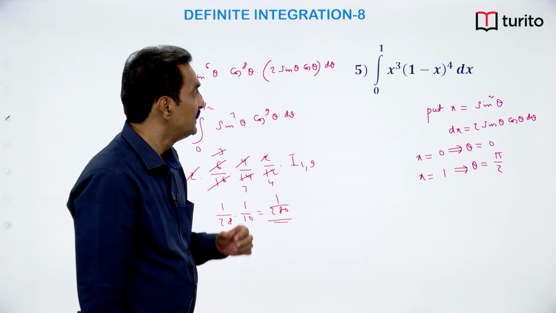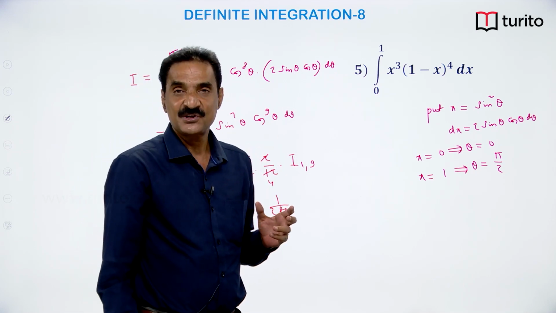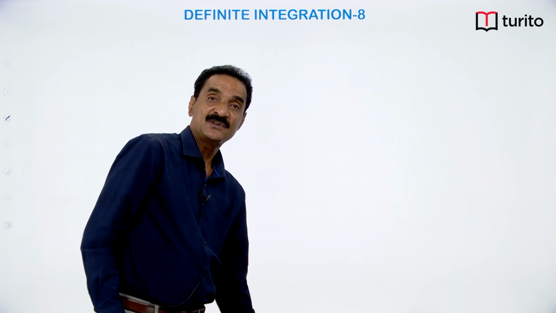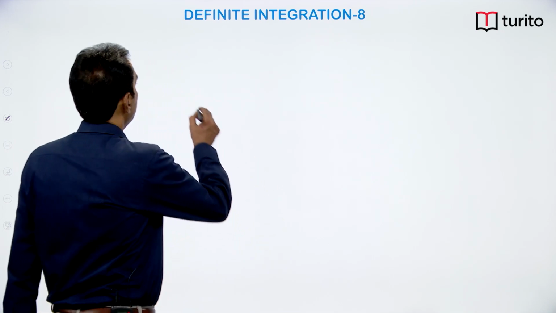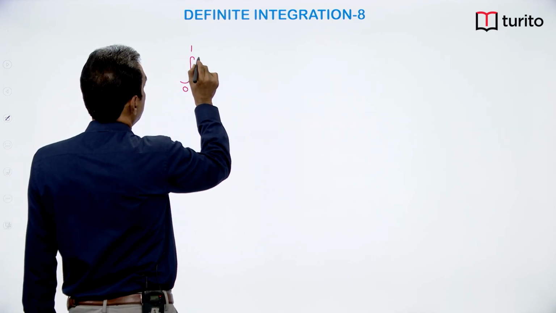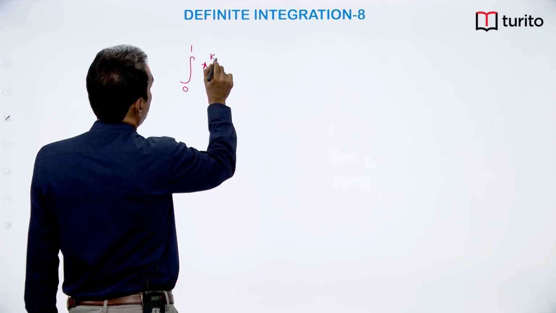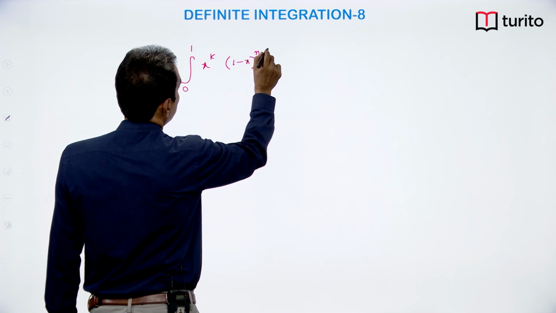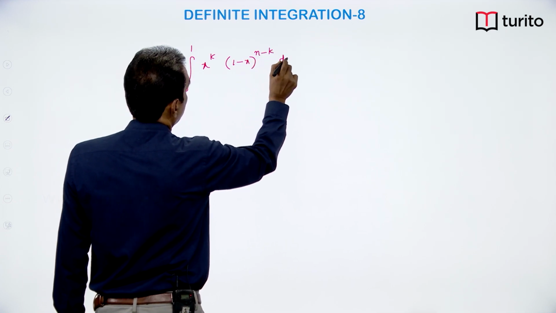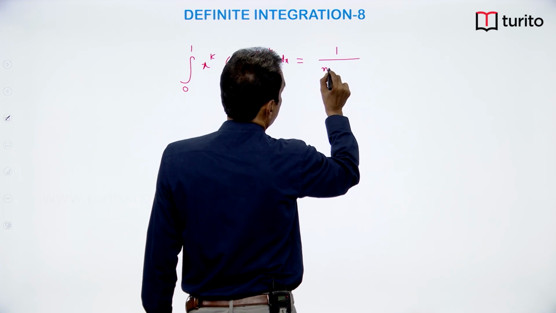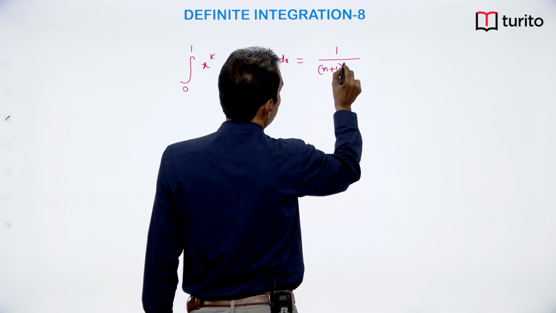Okay. We can also solve this question by another method. If you remember, we derived one important result in the previous class. What is that result? Integral 0 to 1 x power k into 1 minus x whole power n minus k dx is equal to 1 by n plus 1 into nCk.